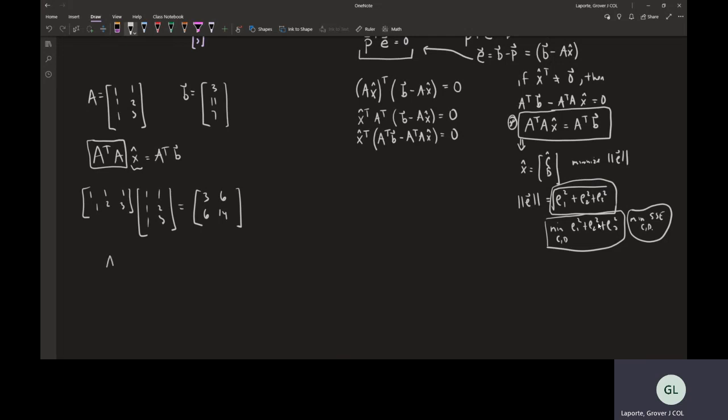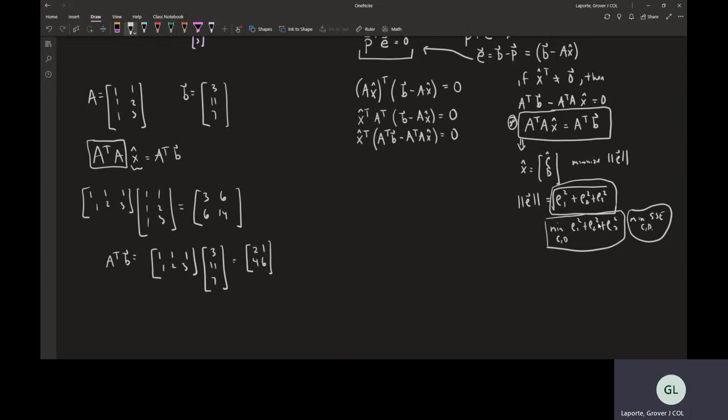And now I need A transpose B. So A transpose B is simply 1, 1, 1, 1, 2, 3, and then B is 3, 11, and 7, which should be 3 and 11 is 14, and that should be 21. That's an easy one. And then 3 and 22 is 25, plus 21, 21 and 25 is 46, I believe.